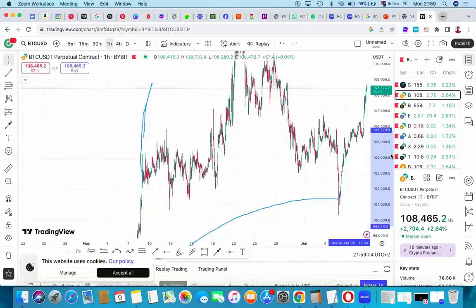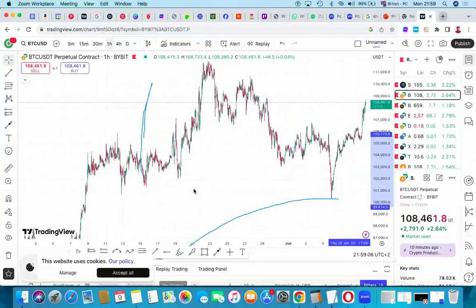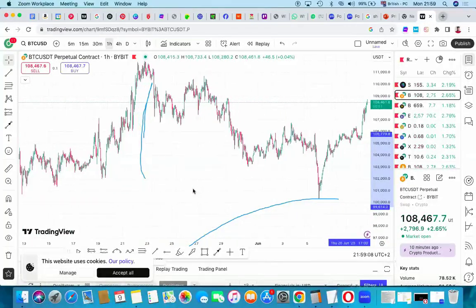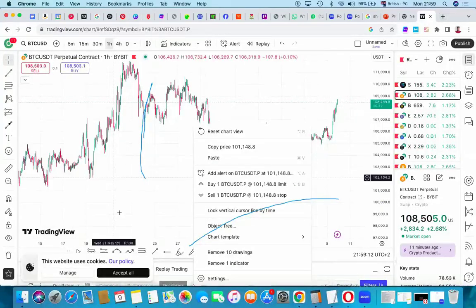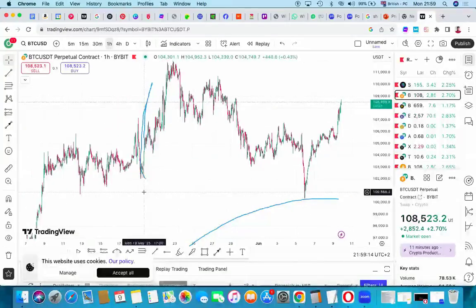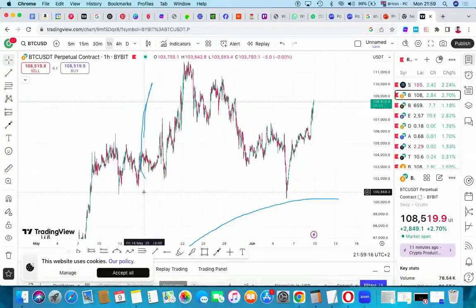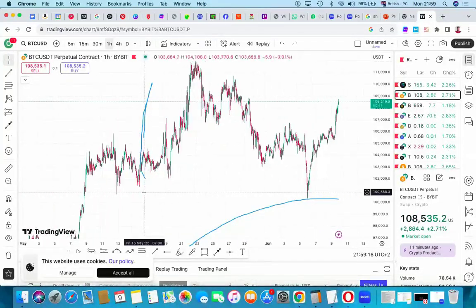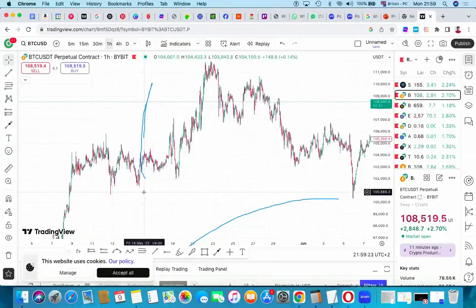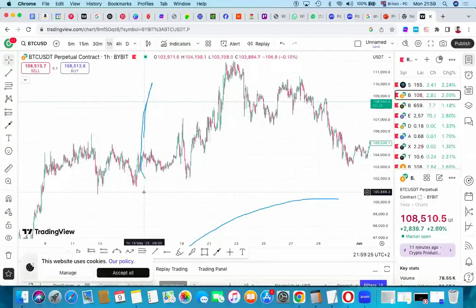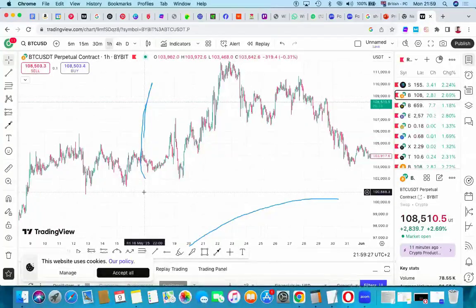From here, we have the 1 hour time frame on BTC, and I think there is a very nice scenario here. So let's see what we can get from here.